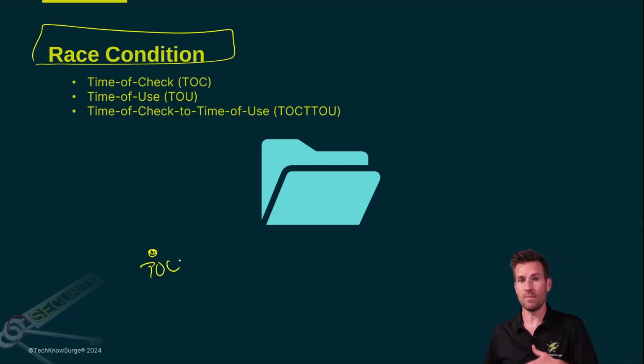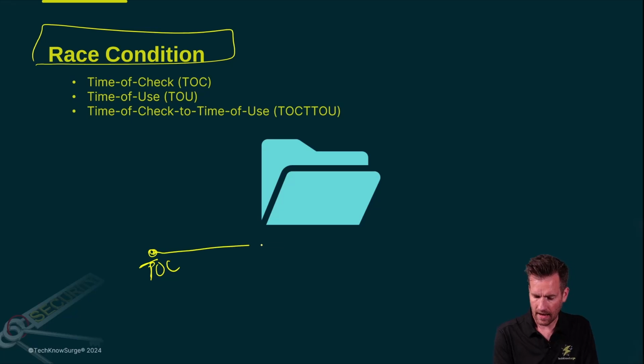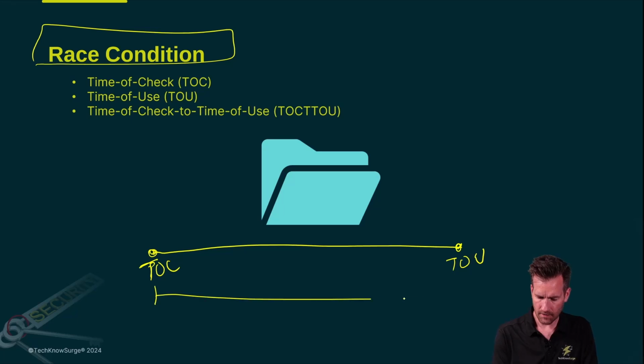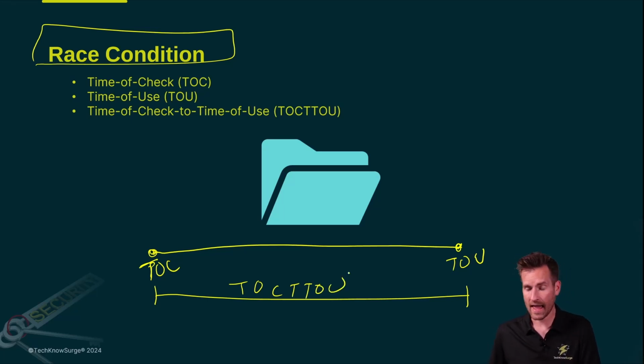Maybe it's a permission into a resource. Perhaps it's a bank account balance. There's something that gets checked. So you've got this TOC, time of check, time elapses, and then you've got this TOU, time of use. And the difference between these two is the time of check to time of use. So that's what we have here.